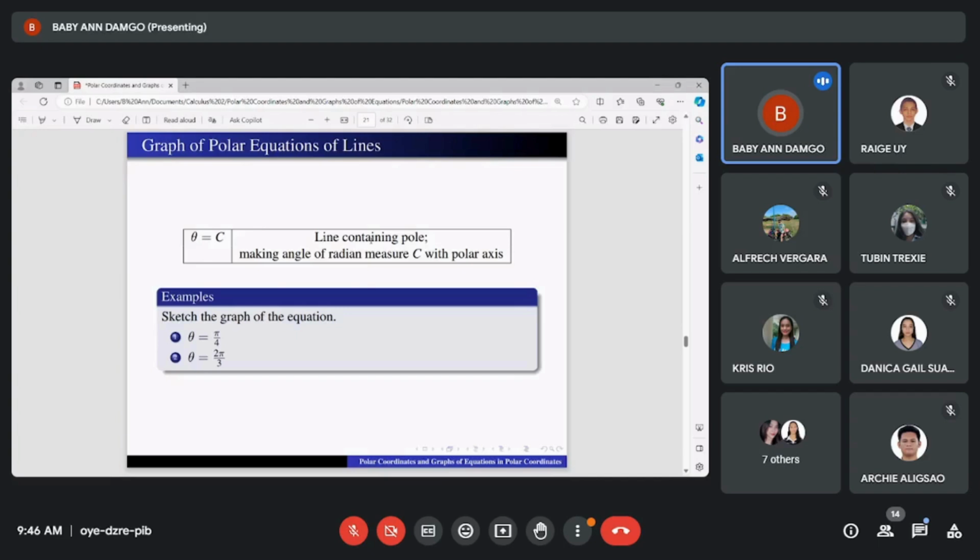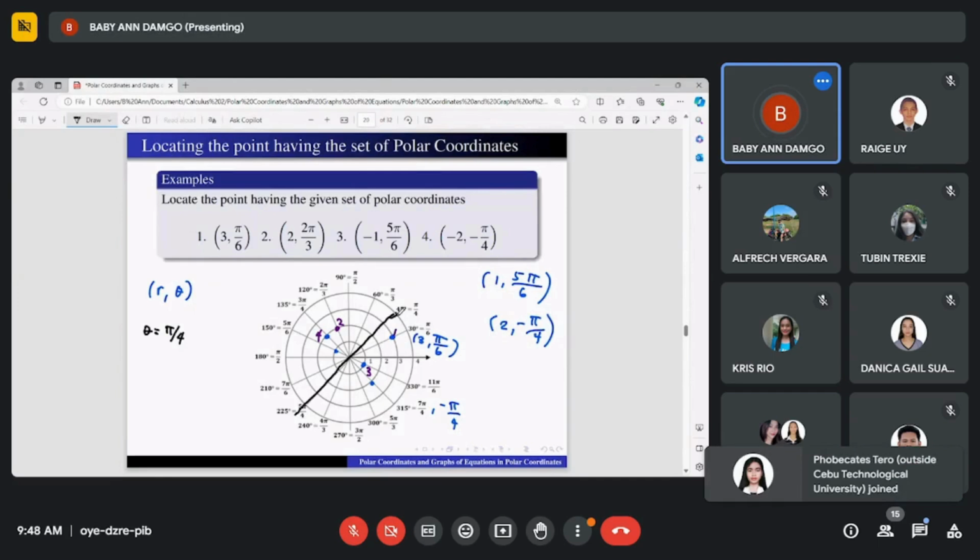And then we will create a line, in the direction of pi over 4.